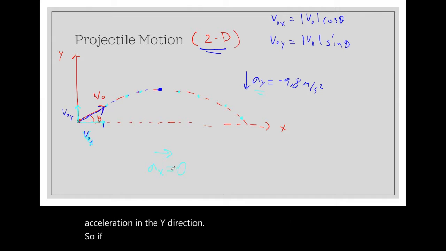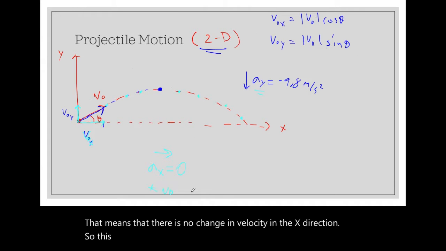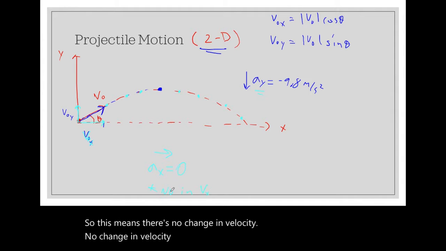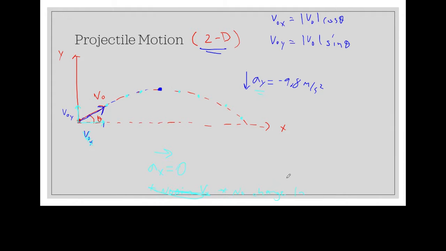So if acceleration in the x direction is 0, that means there is no change in velocity in the x direction. Excuse my handwriting.